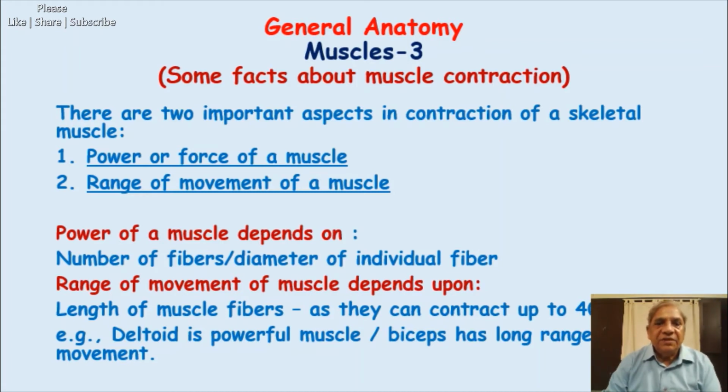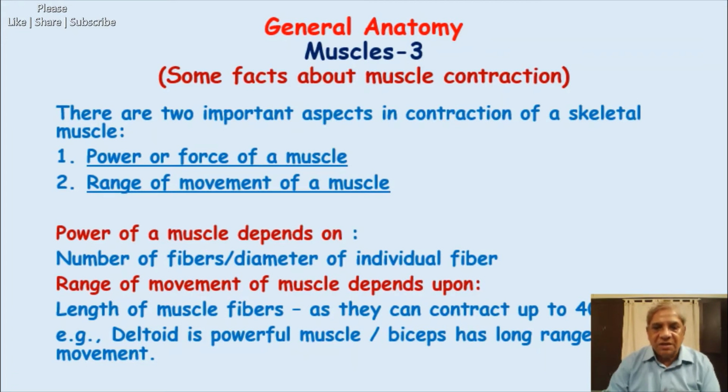When we read in the last lecture about the multipennate muscle, the fiber length was very short. But when we read about the muscles where fibers are arranged parallel to each other, such as strap muscles, ribbon muscles, or fusiform muscles, their fibers running parallel to each other were much longer.